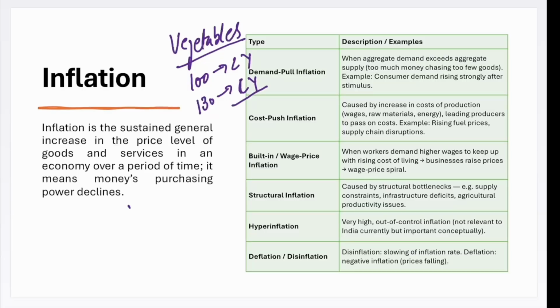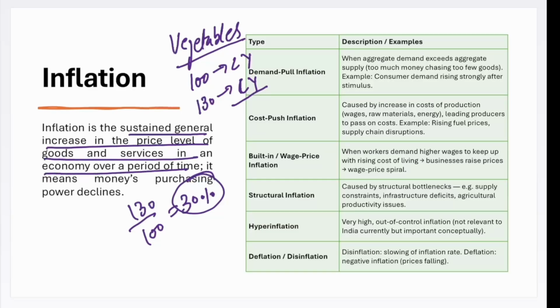See, the goods are the same, 130 by 100. So it is a 30% rise in prices. A general, sustained increase in the prices of goods and services in an economy over a period of time is called inflation.